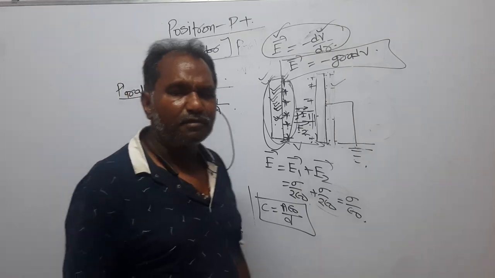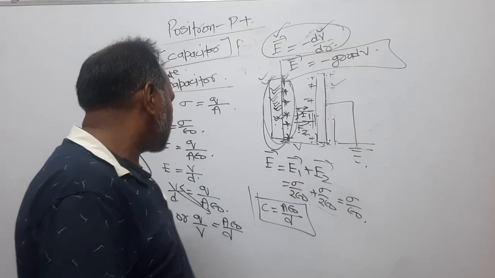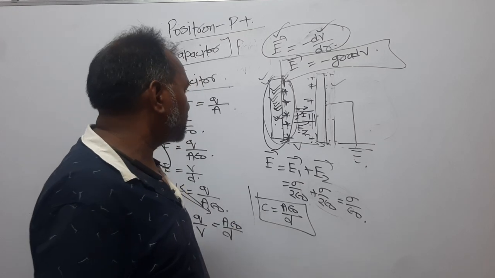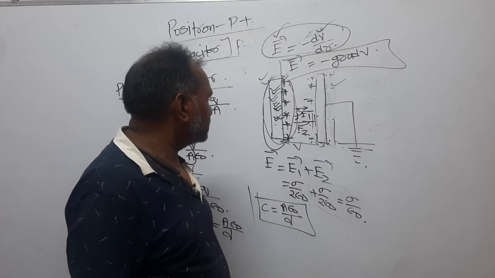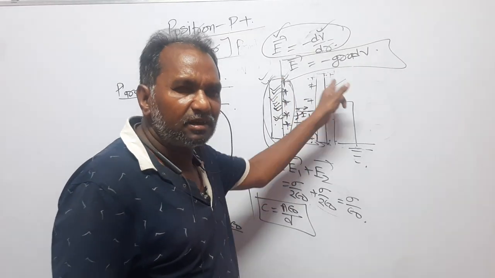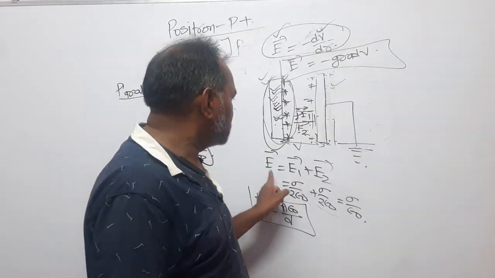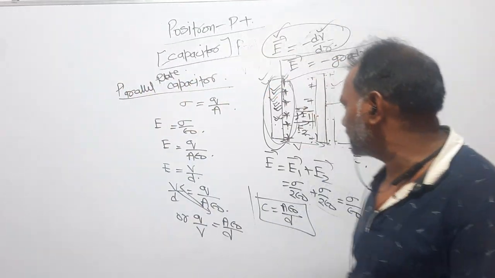This is the formula for the capacitance of a parallel plate capacitor. C is equal to A epsilon naught upon D. What I have done? Again I am repeating that the electric field between the two plates, one positively charged and one negatively charged, is equal to sigma upon epsilon naught, where sigma is the charge per unit area.